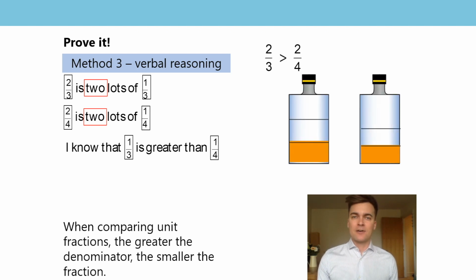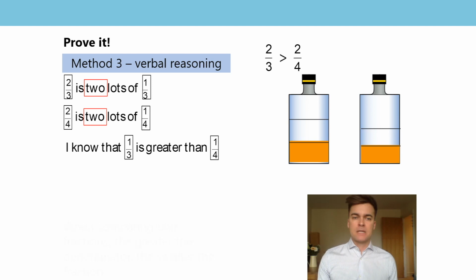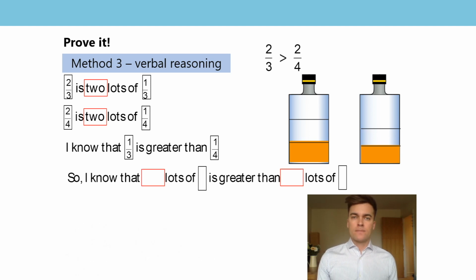And if we look at our containers and our juice in those bottles, we can see 1/3 is greater than 1/4. We know that already. So, I know that 2 lots of 1/3 is greater than 2 lots of 1/4.